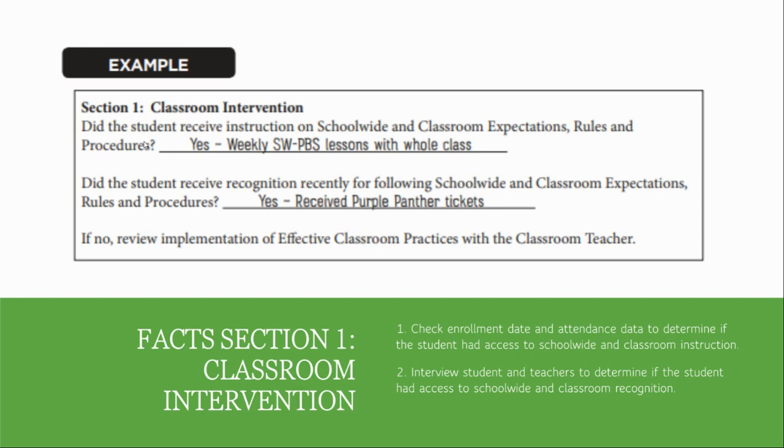So are they receiving acknowledgments? If they are, then that person will put yes. If no, then that team is going to be advised to go back and review the implementation of effective classroom practices with the teacher, because we don't know if that child needs Tier 2 interventions, because we don't have any evidence that they are being supported with those effective classroom practices and that they are being supported with those Tier 1 school-wide universal supports.